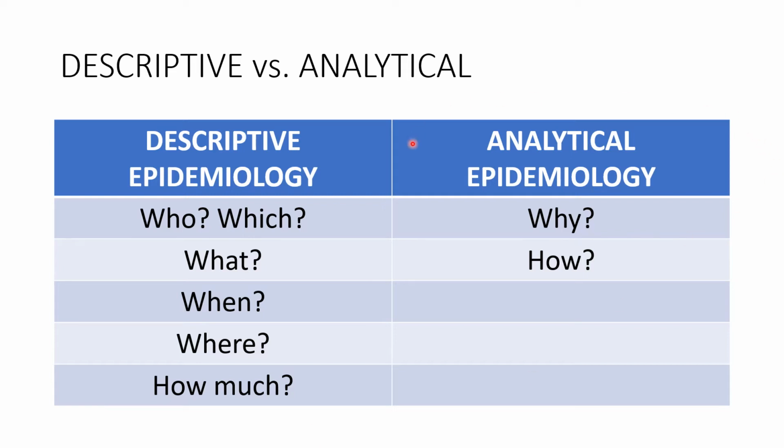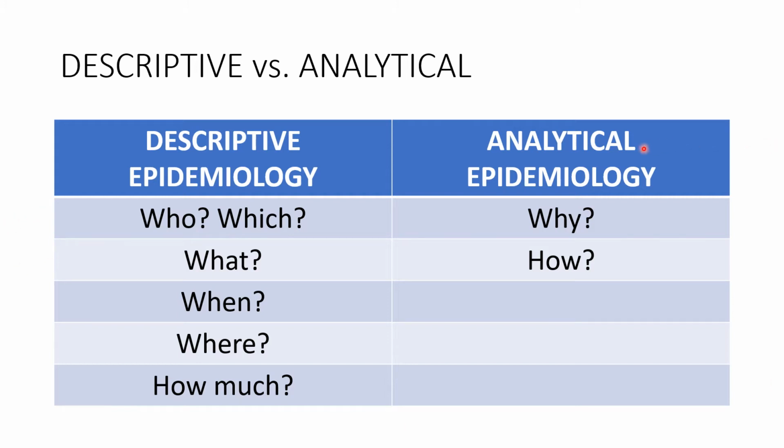Now, with regards to analytical epidemiology, it involves the analysis already of data that were gathered from descriptive epidemiology for us to test the hypothesis na nade-develop natin sa descriptive epidemiology. Because with regards to descriptive, we're just basically describing the occurrence of disease.